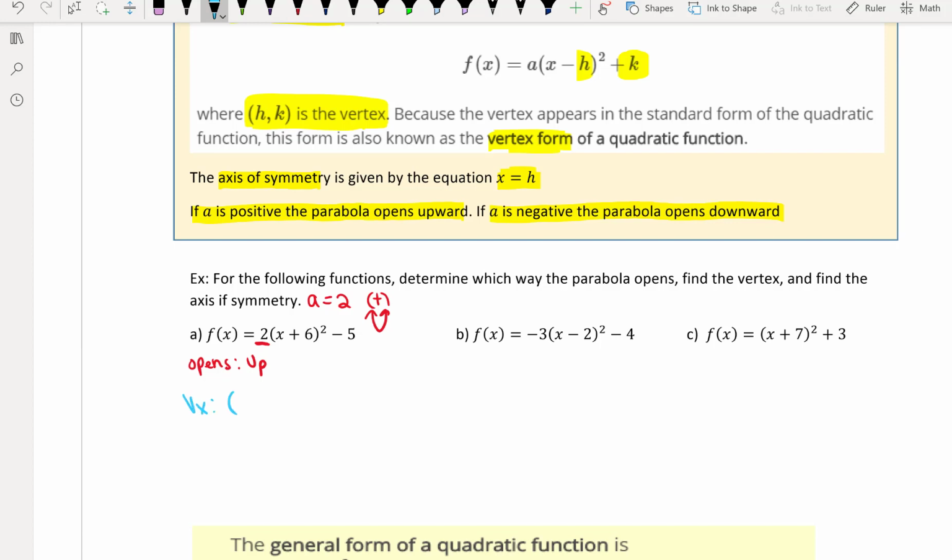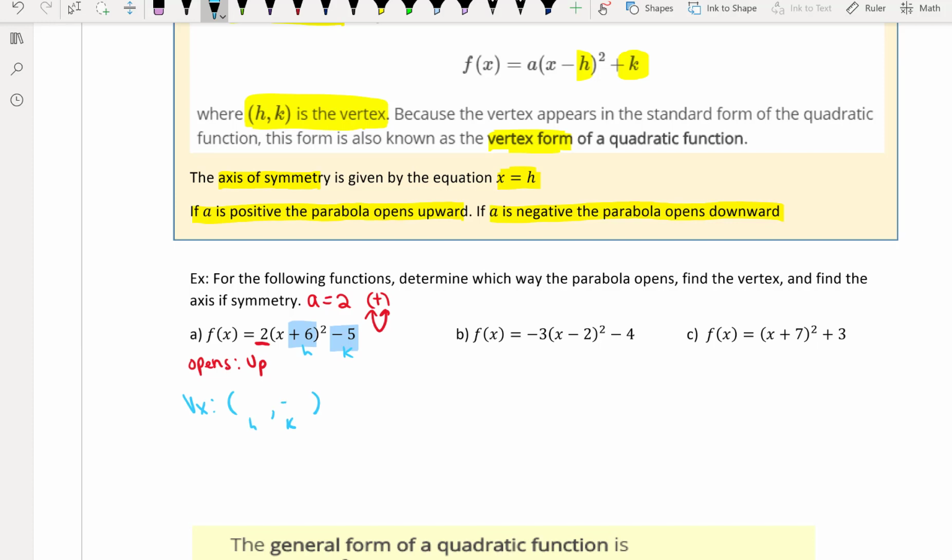It's a special ordered pair where I have h and k. My h value comes from here. My k value comes from here, just like I have it in that formula.